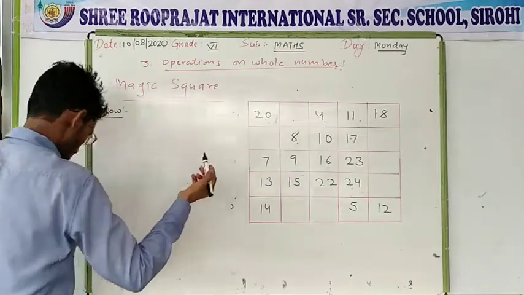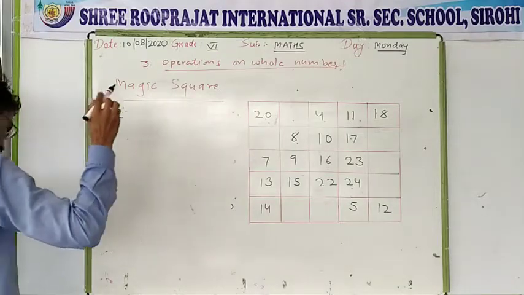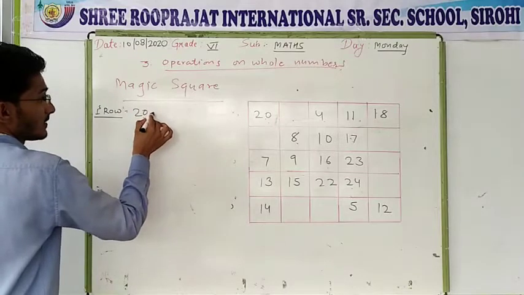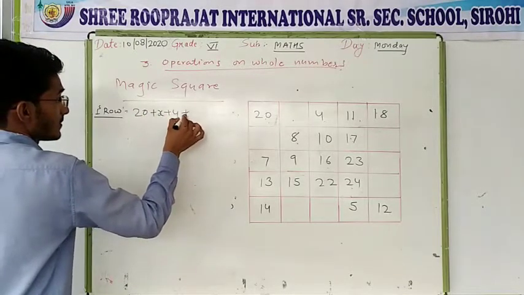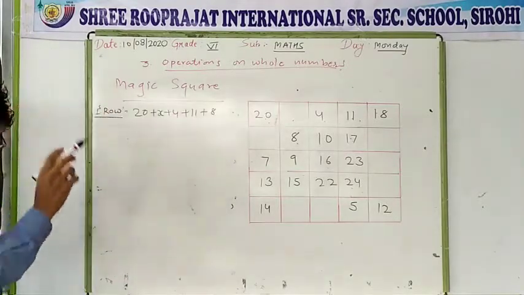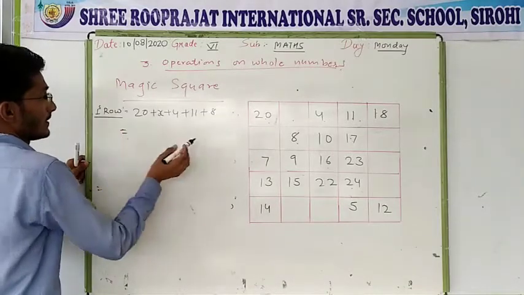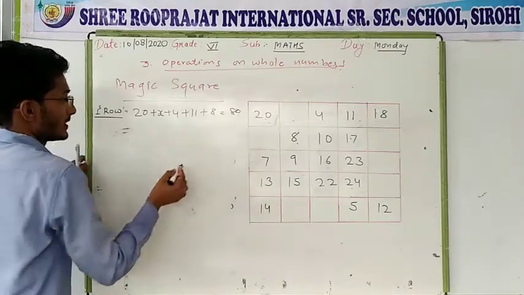Suppose it is X here, or you can write anything. 20 plus X plus 4 plus 11 plus 8, and it should be equal to 80. So you can put 80 here.